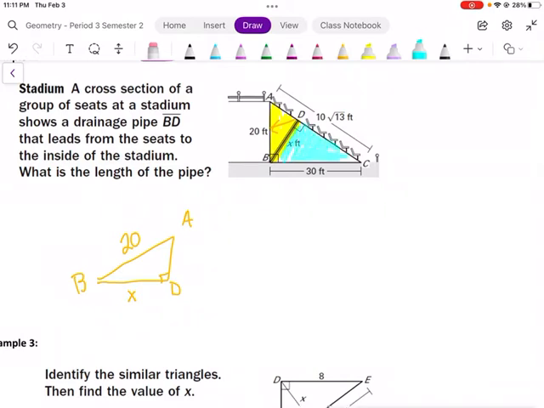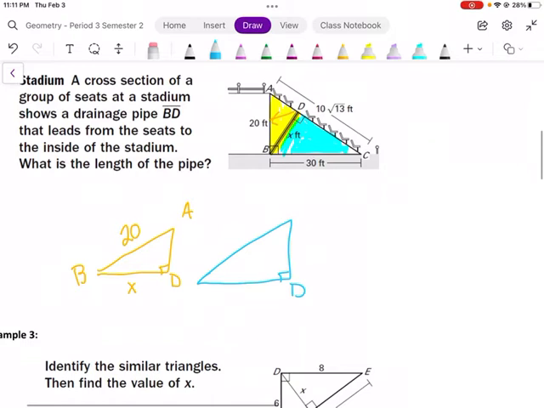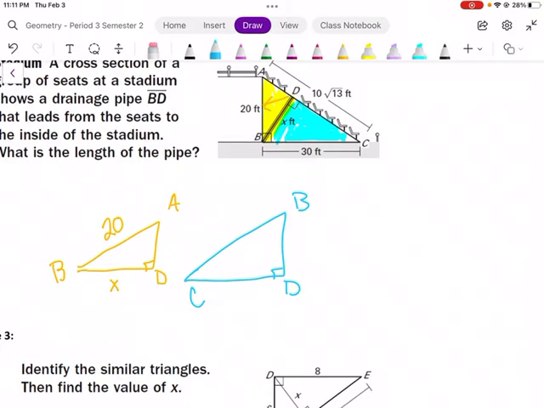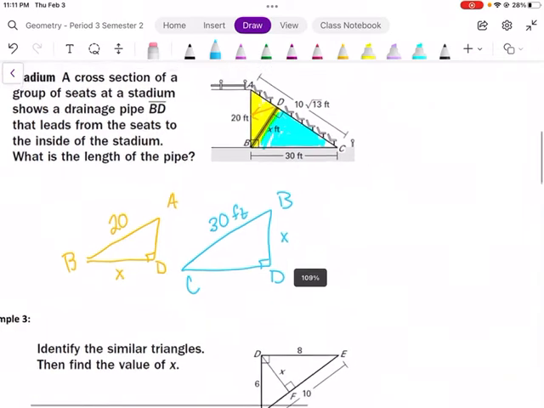Then we can draw our medium-sized triangle. And D would be our right angle, B and C. The hypotenuse there is 30 feet, and the shorter leg is X.